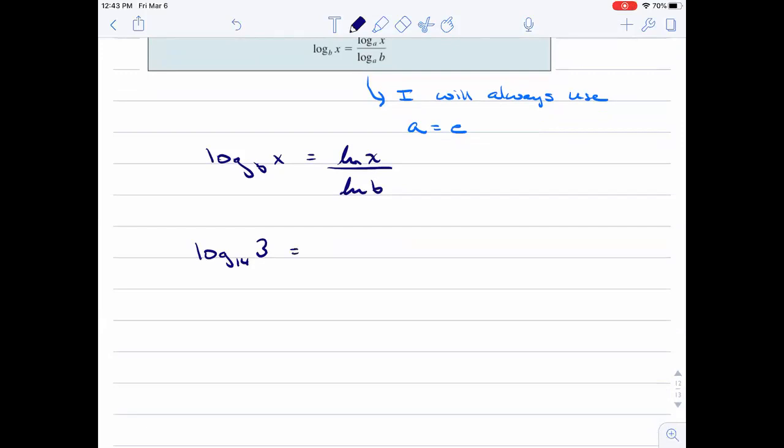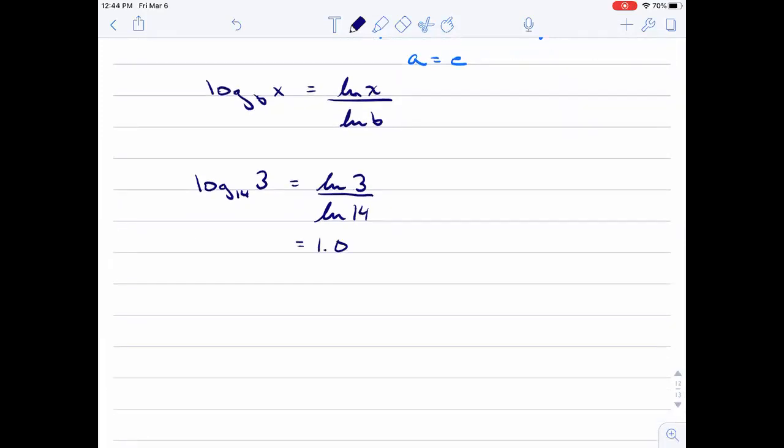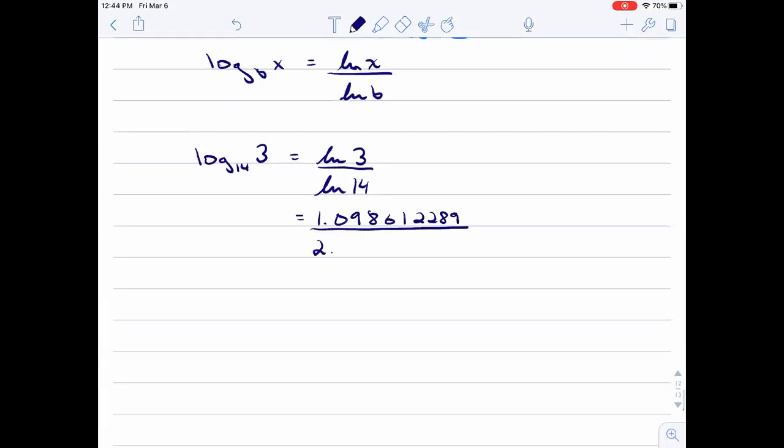What do I do? I take the natural log of 3 over the natural log of 14. Natural log of 3, I get 1.098612289, divided by the natural log of 14, which is 2.6390573.